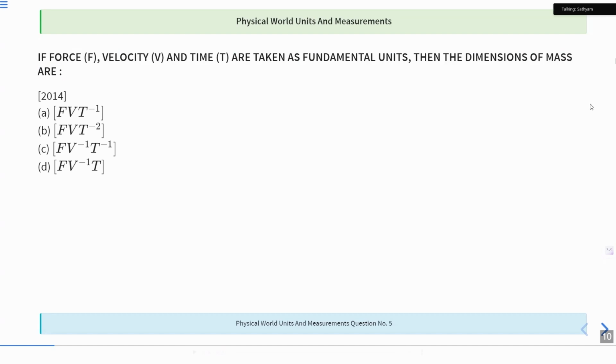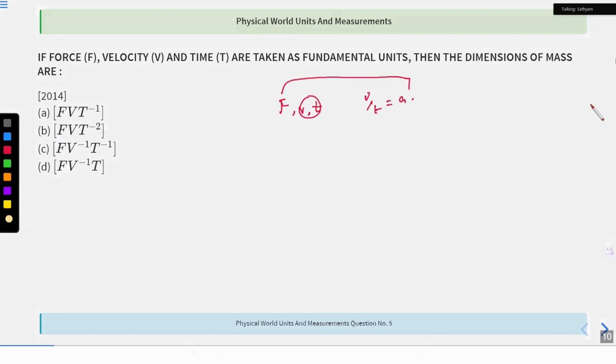Yeah, if you want, I can explain it again. So here itself, what we have done is, I have seen force, I have seen velocity, I have seen time. So over here, I thought that there is a relation, that velocity by time is nothing but acceleration. And now I have force and acceleration, and I need to get mass. So the best formula is force is equal to mass into acceleration.